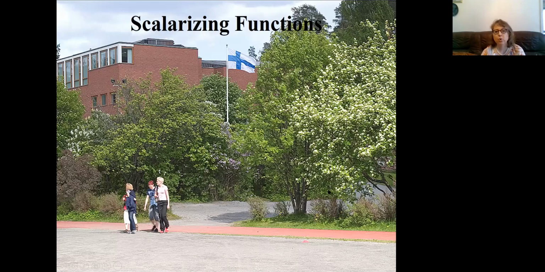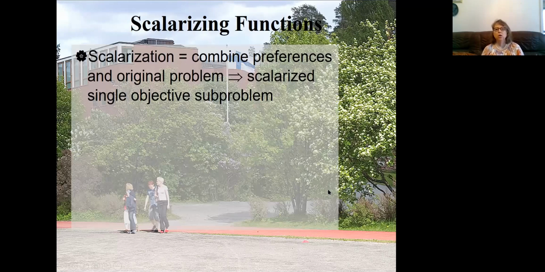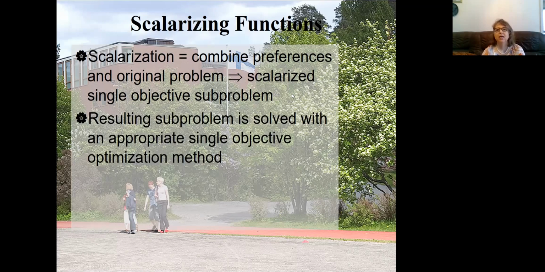I mentioned this word scalarizing function earlier, so it is one of the important mechanisms. So we have the original multi-objective optimization problem that we have carefully formulated, and then we combine preference information with it, and get a scalarized single objective optimization problem. And by choosing the scalarizing function carefully, we can guarantee that we get a Pareto optimal solution to the original problem.